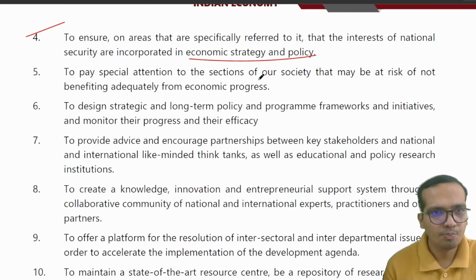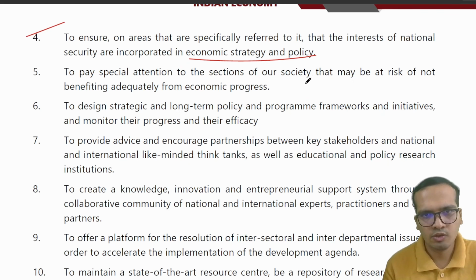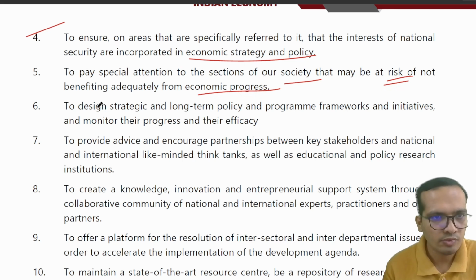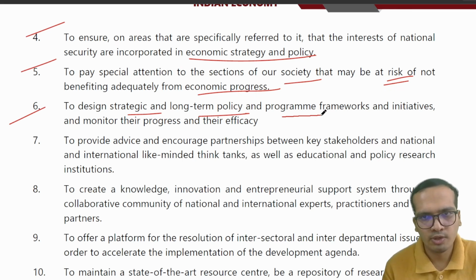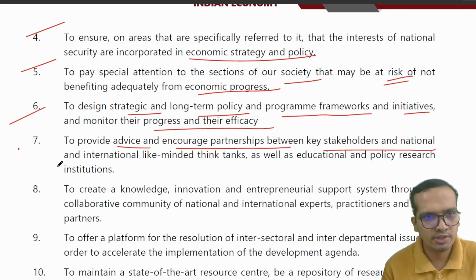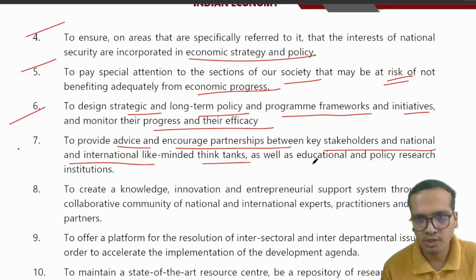Fifth, to pay special attention to the sections of our society that may be at risk of not benefiting adequately from economic progress. And sixth, to design strategic and long-term policy and programs, frameworks and initiatives, and monitor their progress and their efficacy. Seventh, to provide advice and encourage partnerships between key stakeholders and national and international like-minded think tanks, as well as educational and policy research institutions.